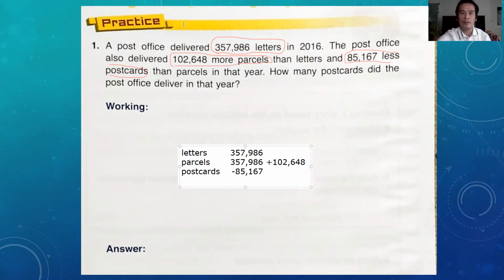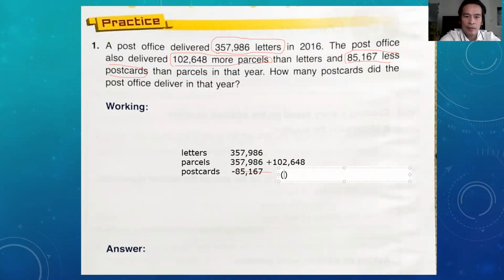Look at the parcels. This is the parcels, right? So you're going to write here the postcard should be, wait, open and close like that.